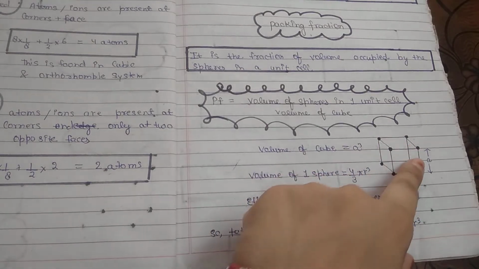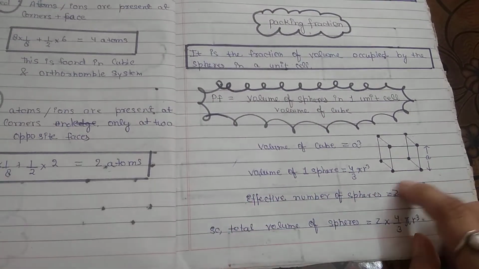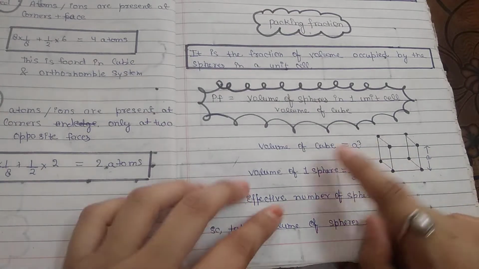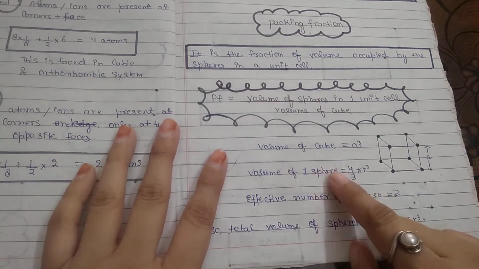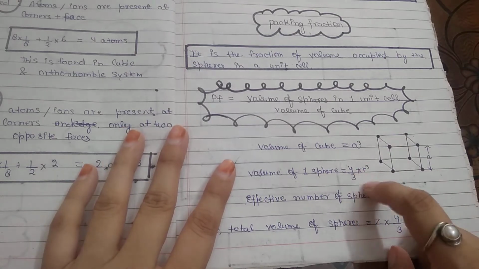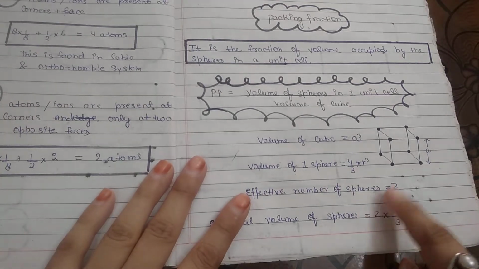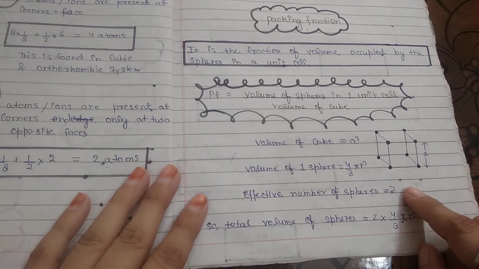Here the volume of cube is a into a into a, which is a cube. We don't know the effective number of spheres, so we take it as z.